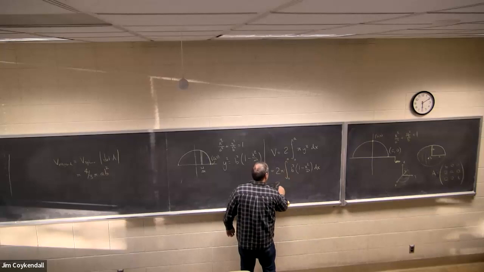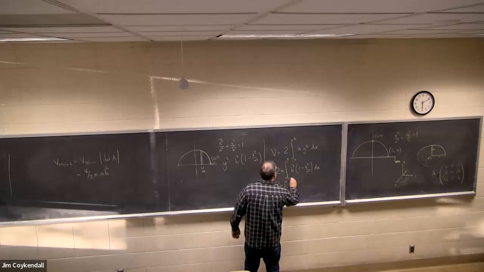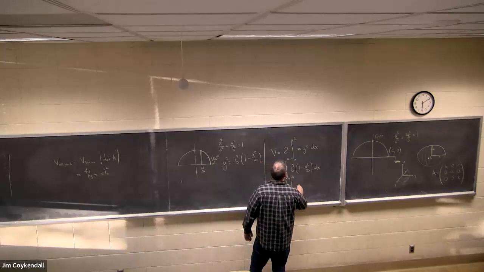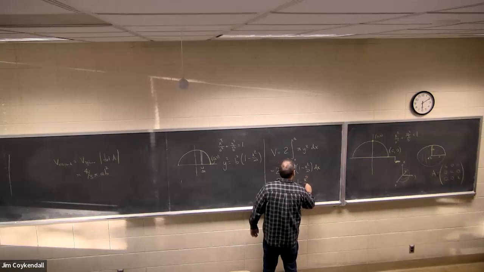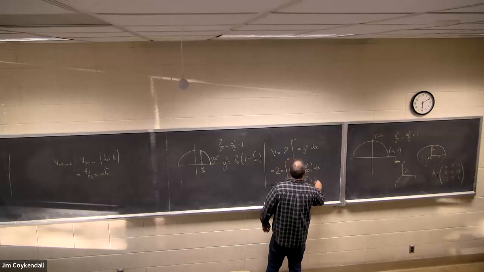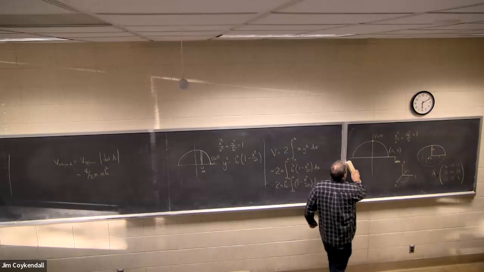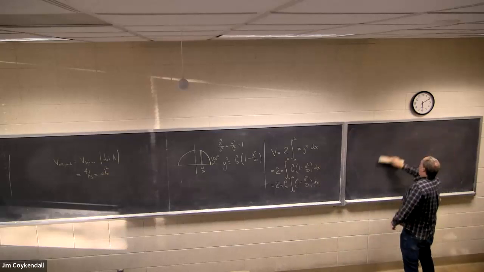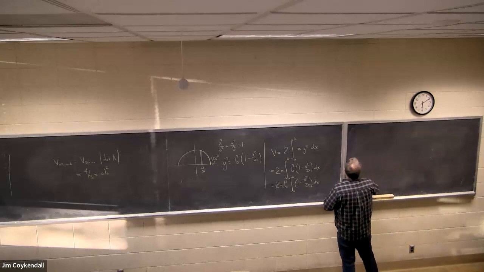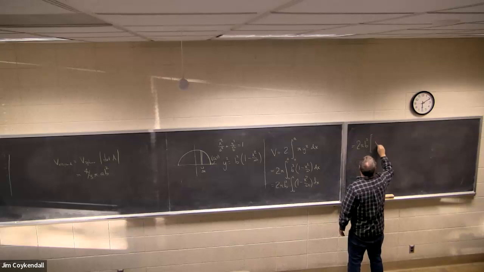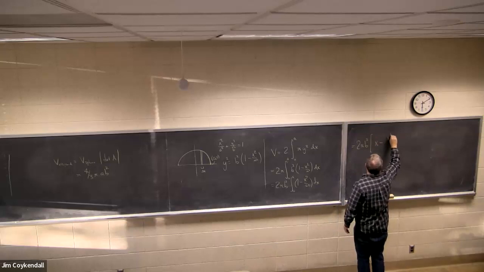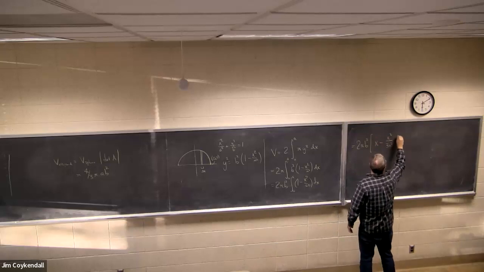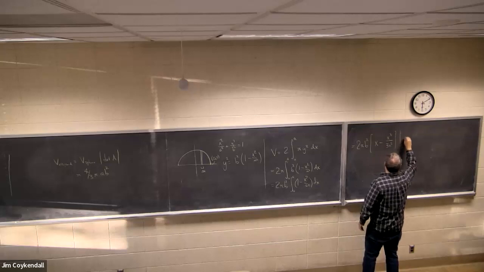And this is 2 pi b squared times the integral from 0 to a of 1 minus x squared over a squared dx, which is 2 pi b squared times x minus x cubed over 3a squared, evaluated from 0 to a.